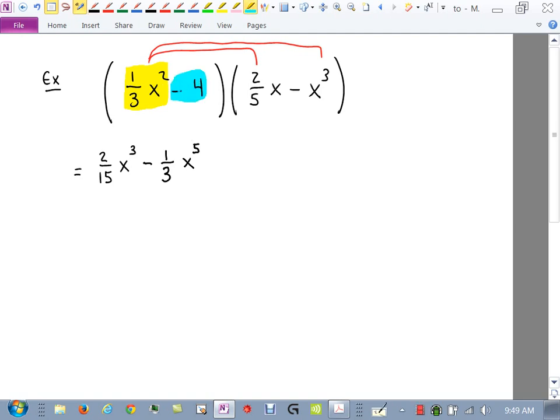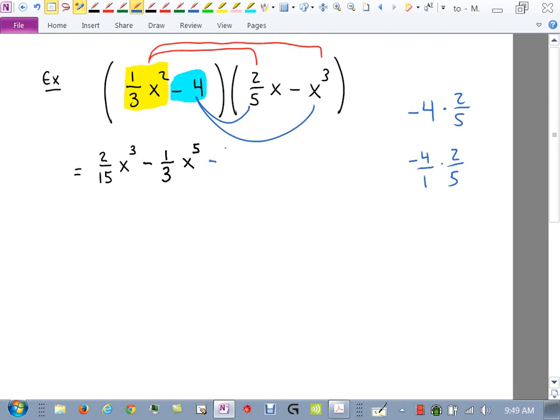Distribute the -4, right? The -4 is now going to distribute through like this. So what is -4 times 2/5? Well, that's the same as -4 over 1 times 2/5, right? So it's -8/5.